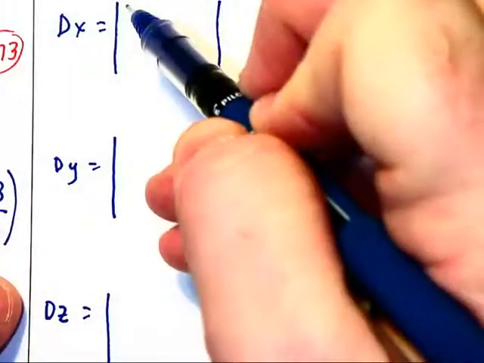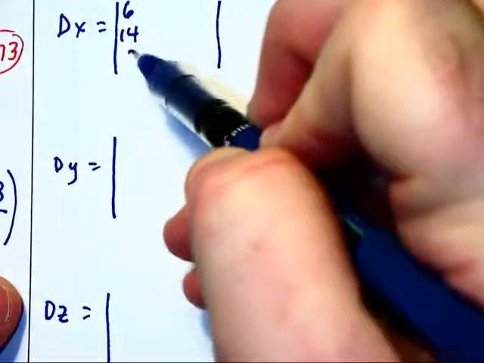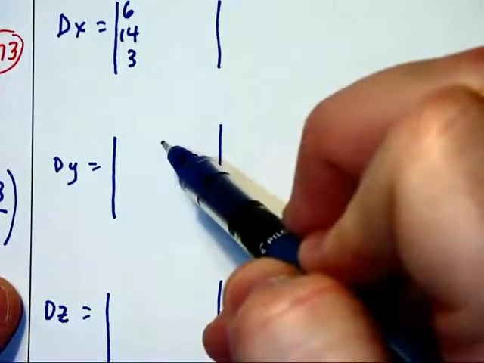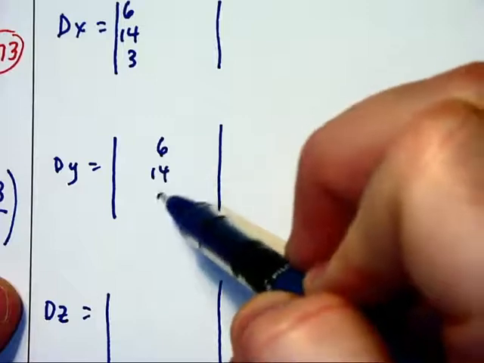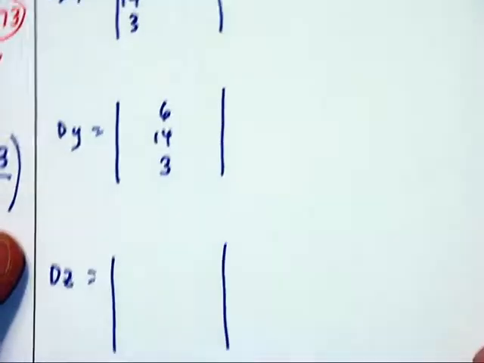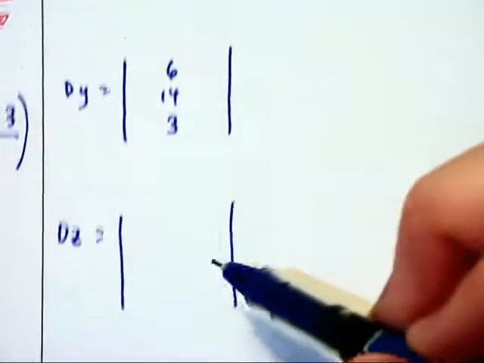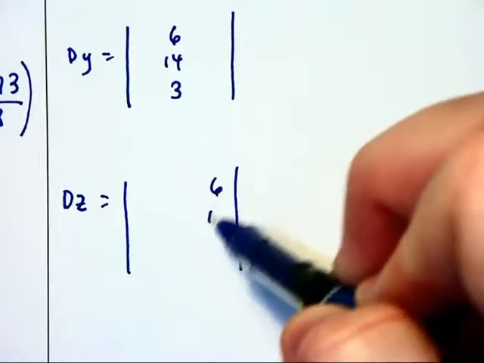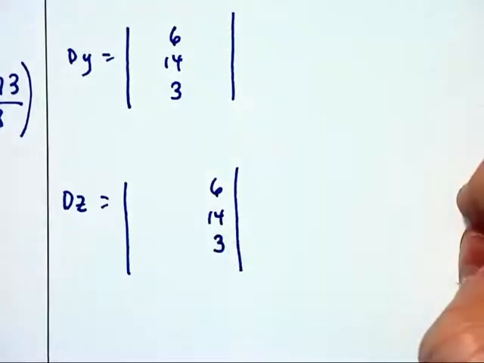In dx, the 6, 14, 3 belongs in the first column. For dy, 6, 14, 3 belongs in the middle or y column. And for dz, these values 6, 14, and 3 belong in the third column.